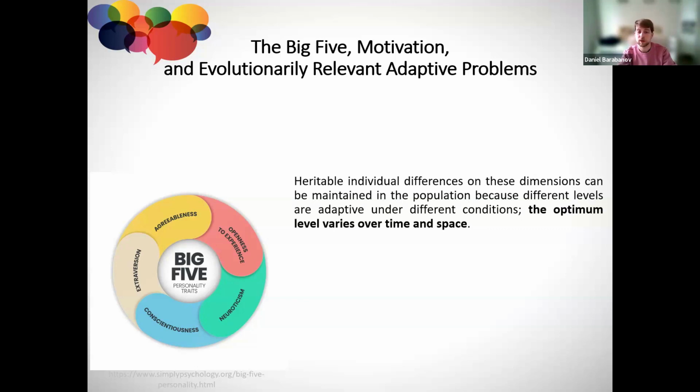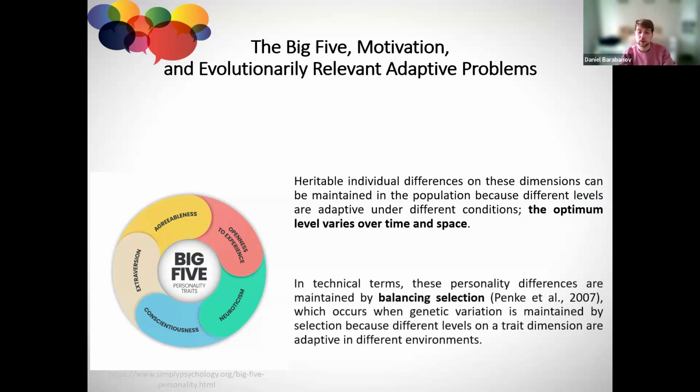types of people because for different types of environment, a different set of personality traits was more adaptive. It's so-called balancing selection.